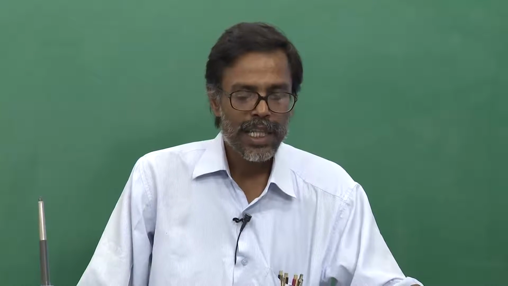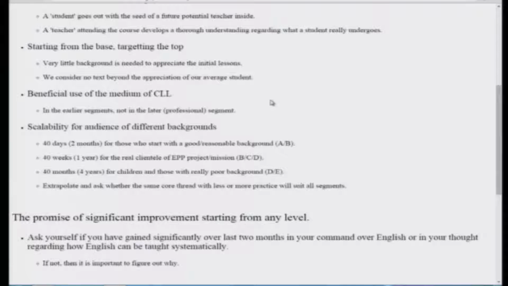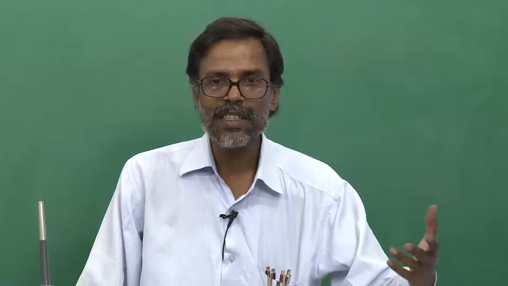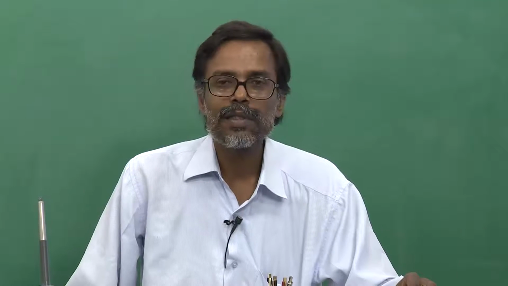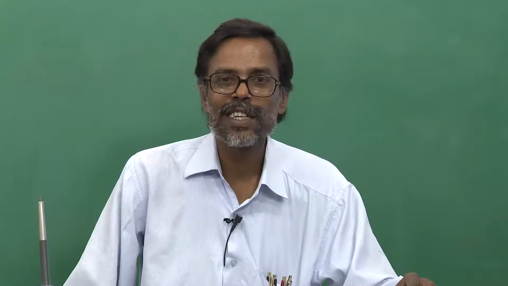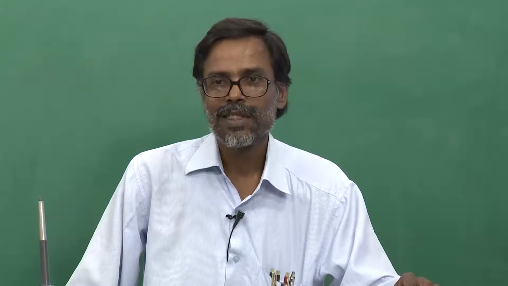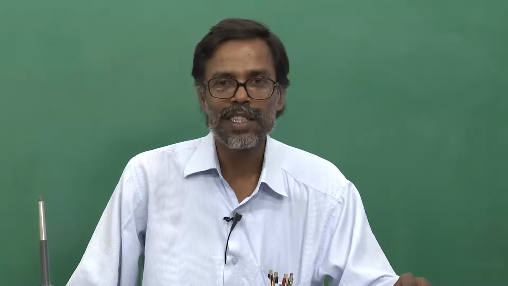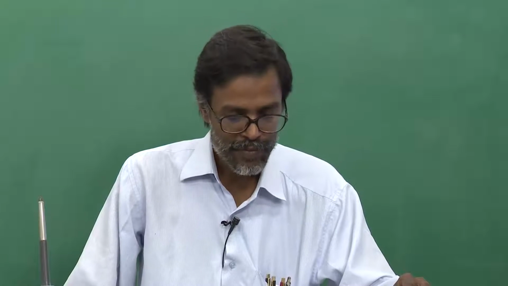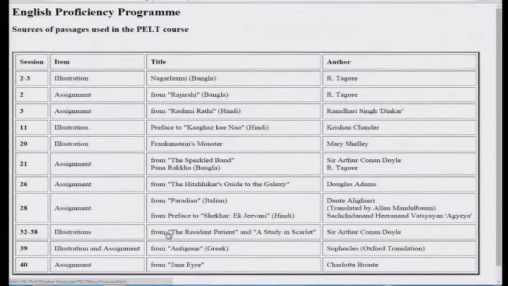And therefore, in our usual practice materials, we never thought that too difficult things we should not put. Okay? Any text that exists should be within the reach of our students. For example, see the sources of passages.